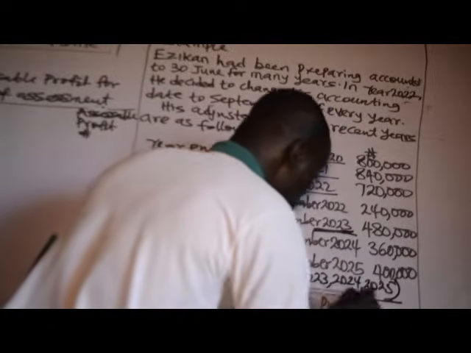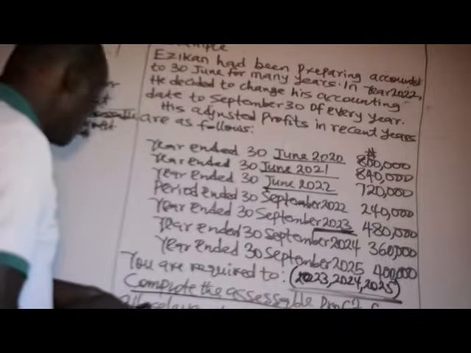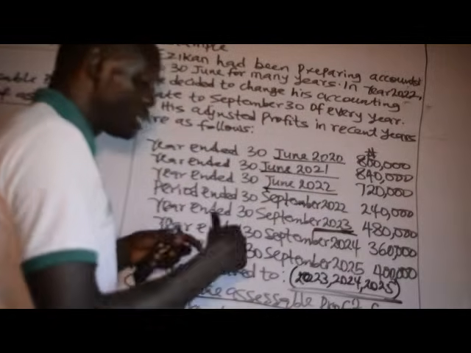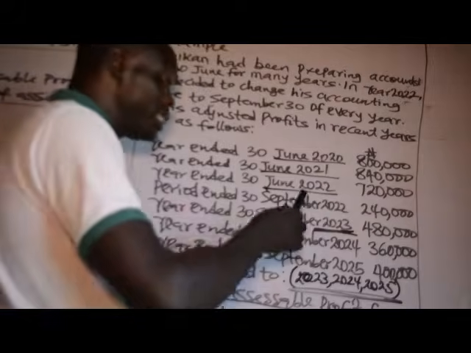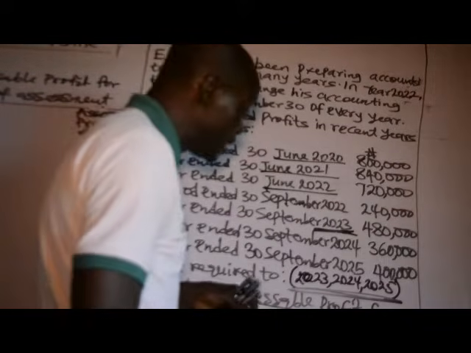Those are the years you are going to apply changes in accounting date to. But for 2021, 2022, and 2026, any other years apart from these three years, you have to use the PYB, preceding year basis.